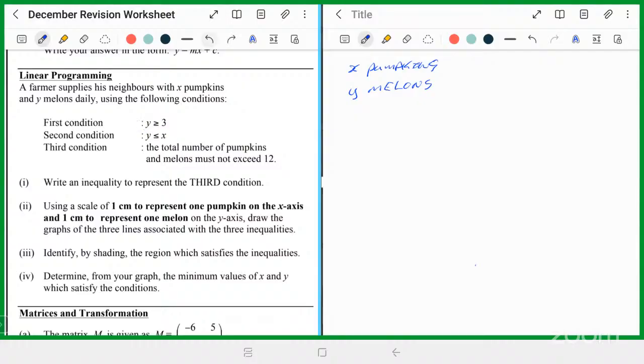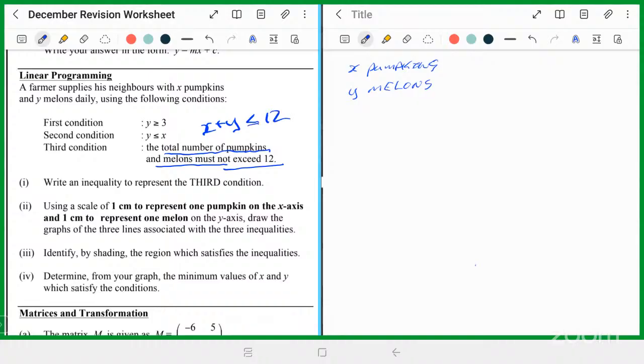The second condition is Y less than or equal to X: the number of melons must be less than or equal to the number of pumpkins. The third, which I put in words, says the total number of melons and pumpkins, that means X plus Y, must not exceed 12. It can be 12 or less, meaning less than or equal to 12.